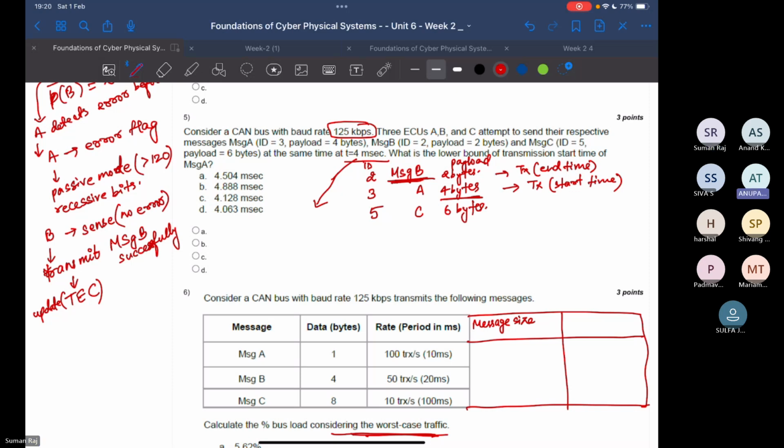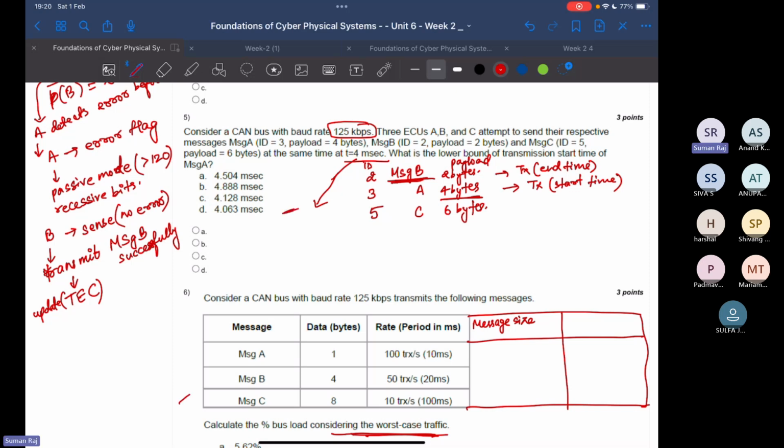The same table we will calculate as for the previous question. Yeah, you can calculate it that way, but I don't think it will be that difficult because you have different priorities. I mean, the priorities are given for you. In this question, it's not given. It's a little different. Over here, it's talking about the time.